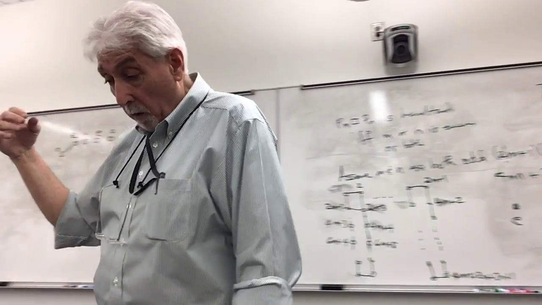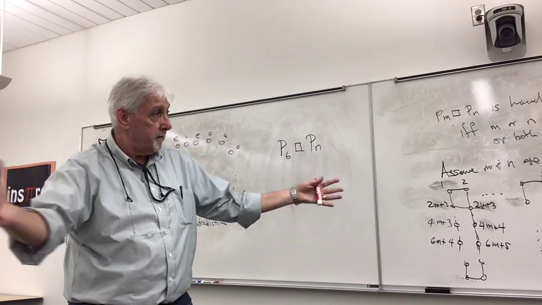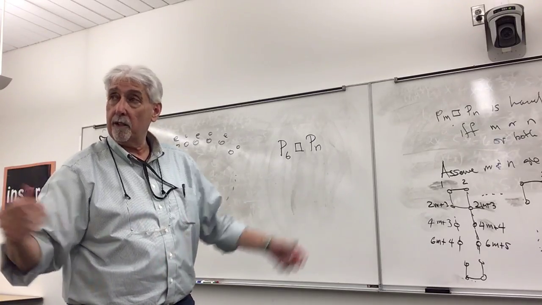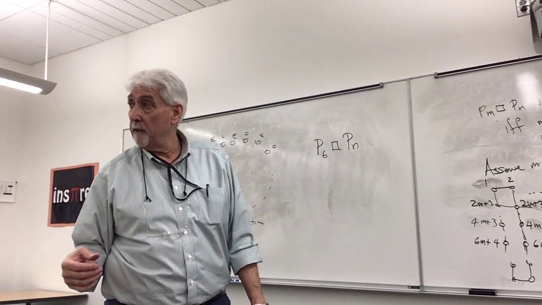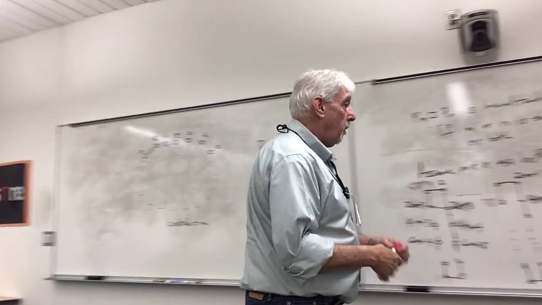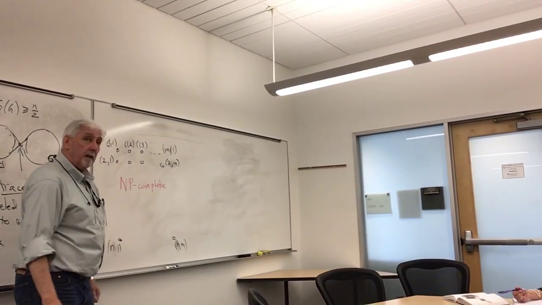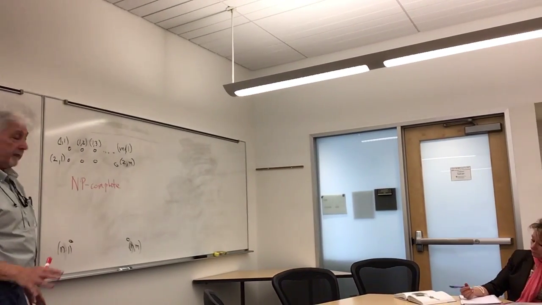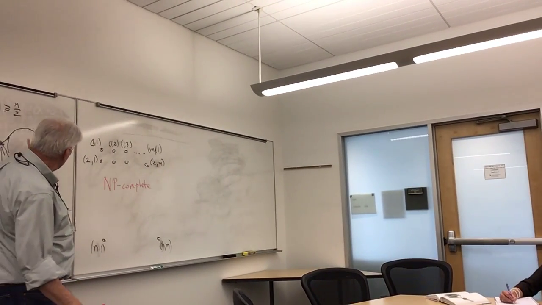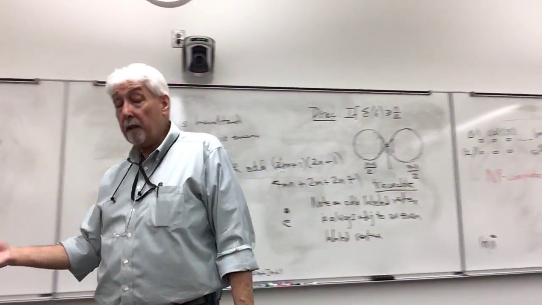Even if I turn a computer on, the only way to do this is essentially to look at all possible cycles, and that becomes exponential. So there's no polynomial way to actually determine whether a given graph is Hamiltonian.